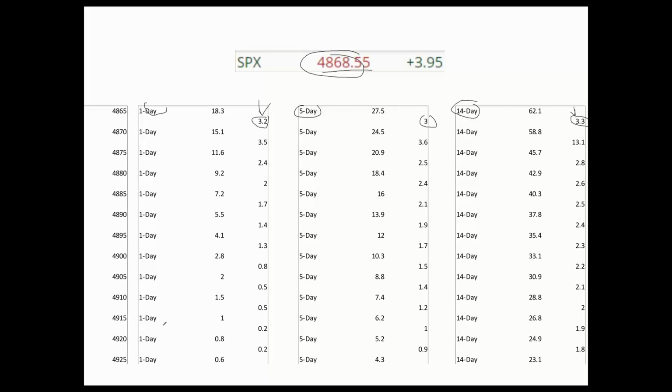When I go further out of the money, though, we can look at, say, the furthest out of the money, 49.20.25 call spread. With 1 day to go until expiration, it's trading for 20 cents. 5 days, 90 cents. And 14 days, $1.80.